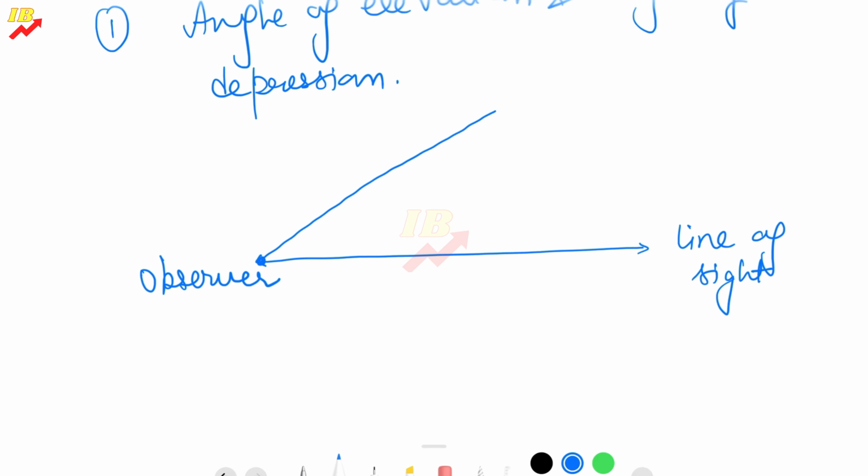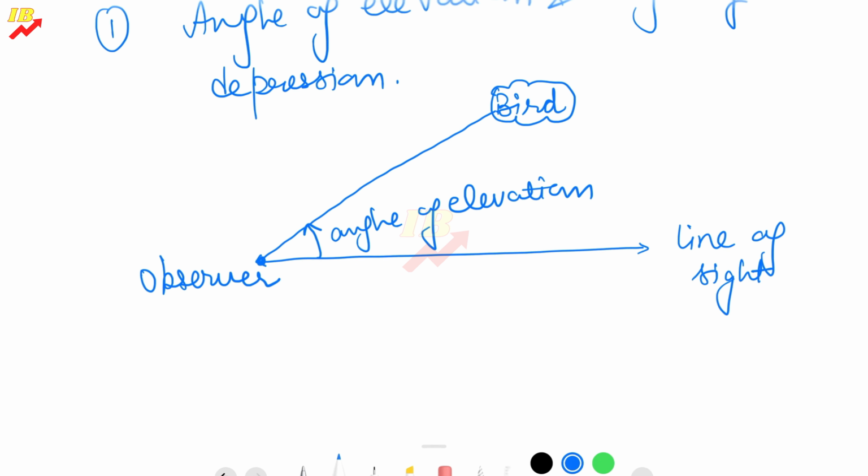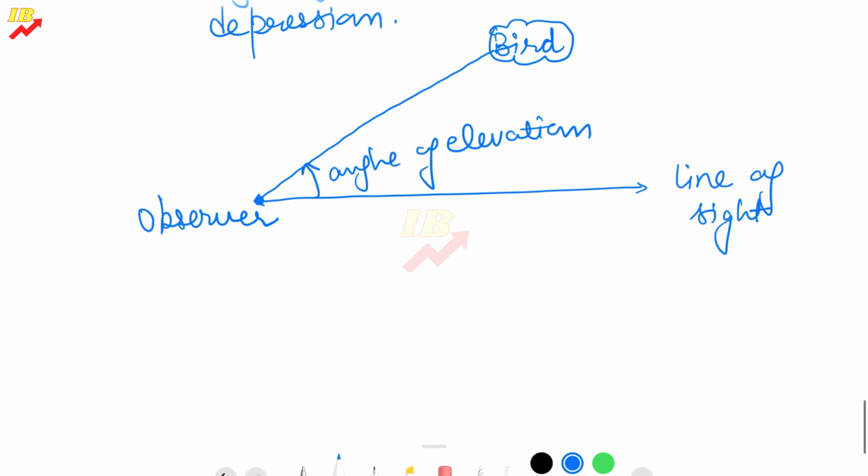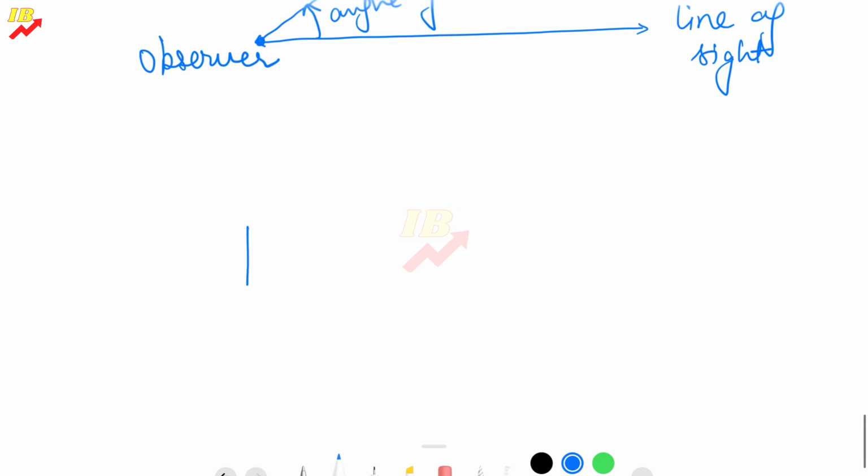Observer is lying here and I am seeing some bird in the sky. So the angle that you are making with the ground is called the angle of elevation. Elevation basically means you're elevating something. You're going upwards from your line of sight. So this is elevation.